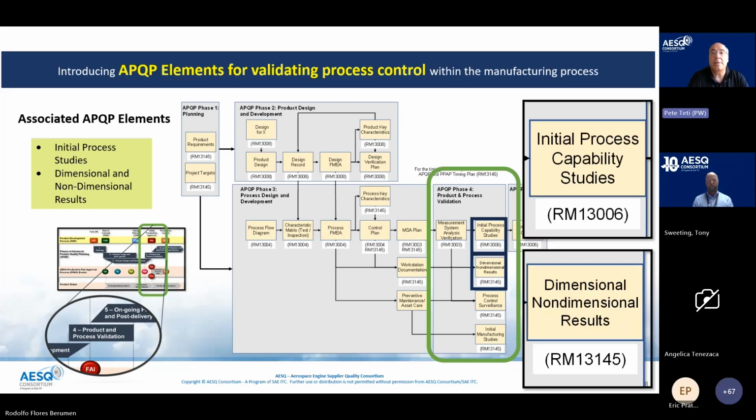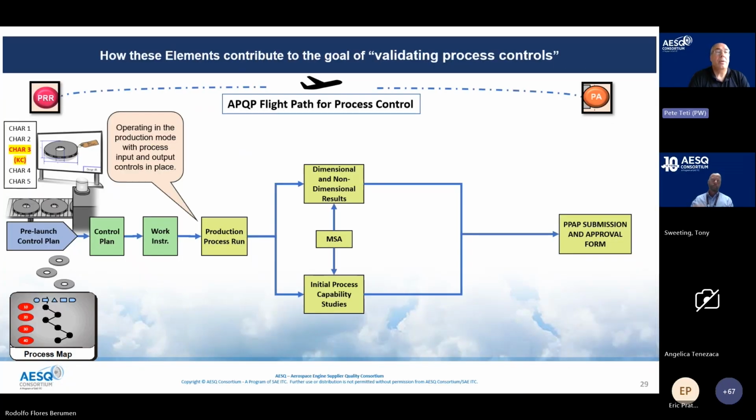Next slide, please. So again, continuing with the flow and the flight path here, the control plan, second column from the right, is the control method. It's that method that provides some type of signal to the user of the method, generally the operator.